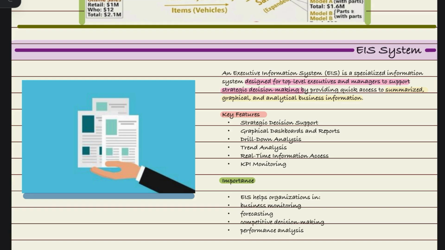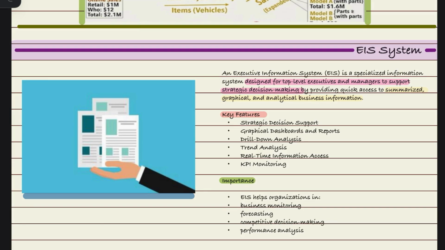They don't have time to read raw data logs or scroll through a messy 50-page spreadsheet. They need a bird's-eye view of an entire global business operation in under 10 seconds. So where would that come from? That is where EIS, the Executive Information System, comes into being.